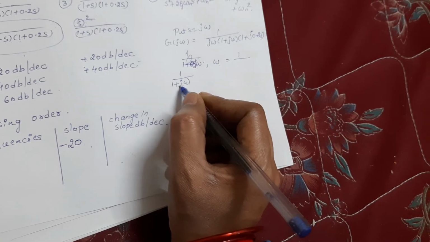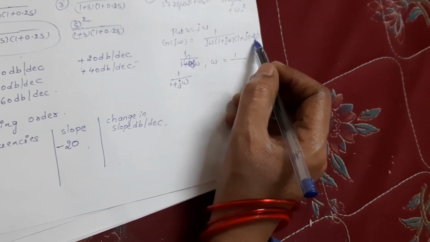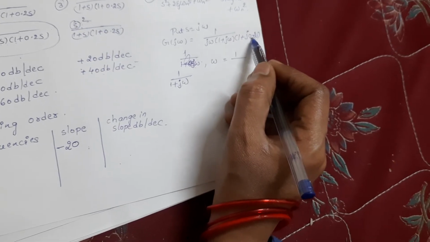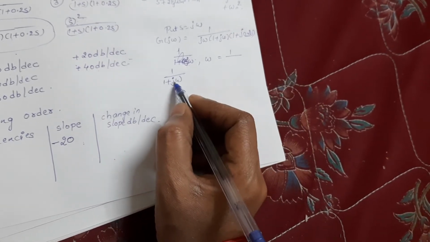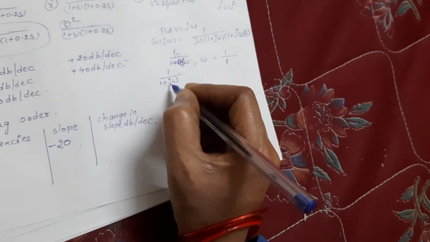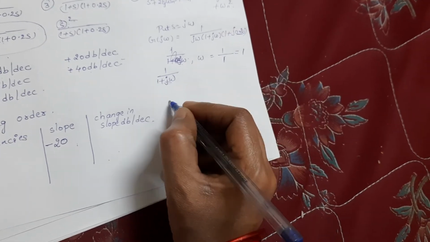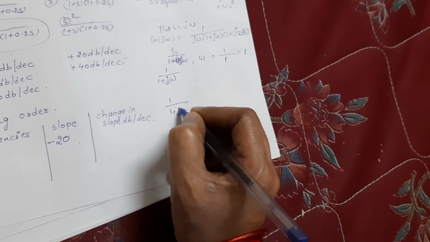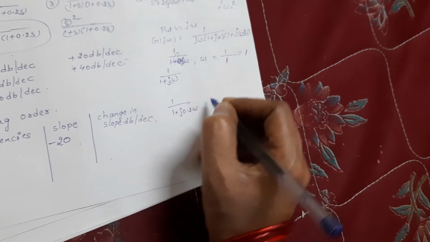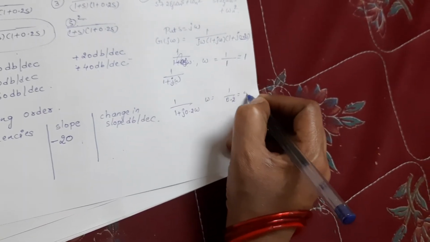No, it is 1. Here it is 1 plus j 0.2 omega, so omega is having a multiplication factor of 0.2. But here omega has a factor of 1, so the corner frequency is 1. Next, for 1 by 1 plus j 0.2 omega, the corner frequency is 1 by 0.2, which is 5.